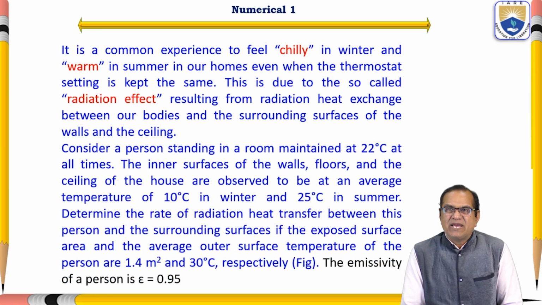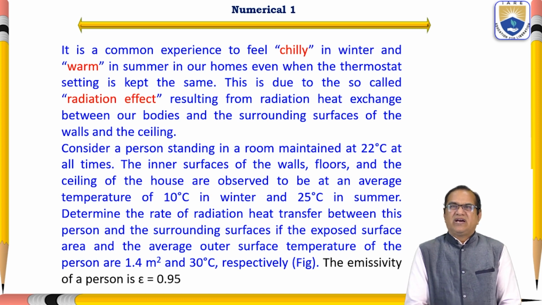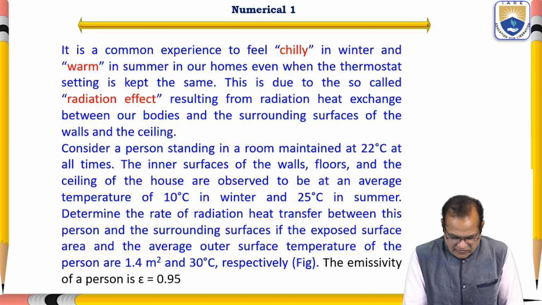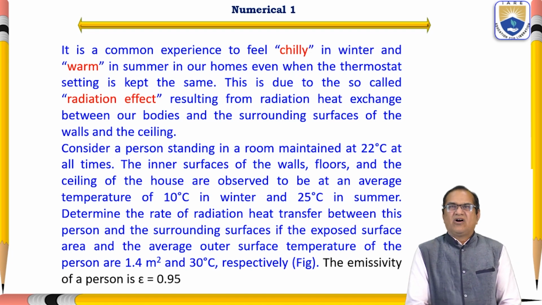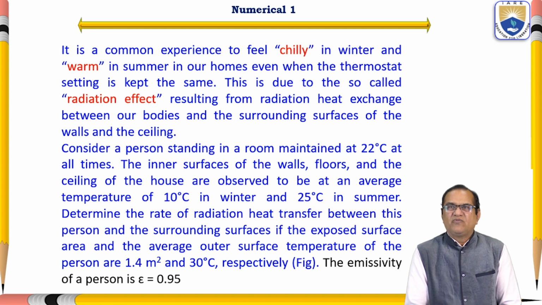So consider a person standing in a room maintained at 22 degrees centigrade at all times. The inner surfaces of the walls, floors and the ceiling of the house are observed to be at an average temperature of 10 degrees centigrade in winter and 25 degrees centigrade in summer.